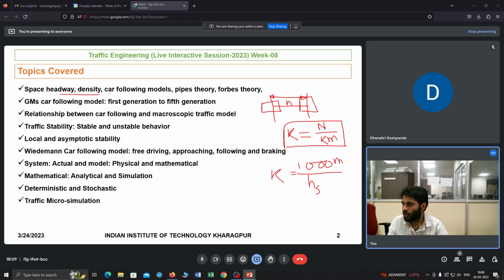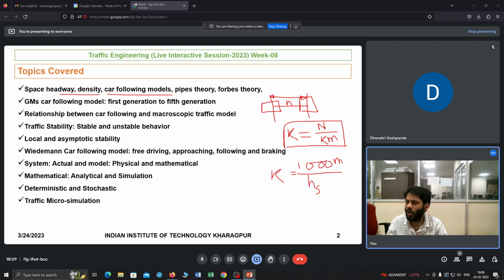Then we come to the car following models. There are many, and even nowadays scientists are developing different car following models to suit their field conditions. One of the initial ones was Pipes theory and Forbes theory, but these were developed in Western countries like the US and Europe, so they may not be directly applicable to our Indian context.